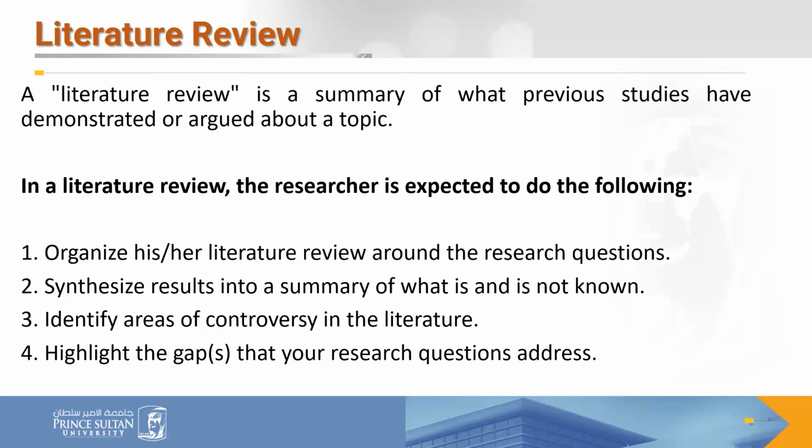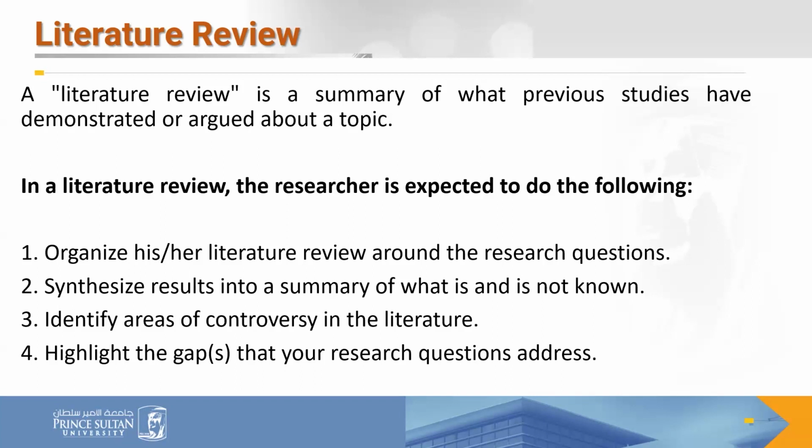All right, so we've chosen the topic, we've developed our research question. It's very important to go back to the literature for two reasons. The first reason is to look at the previous studies and to make sure that you have properly organized your literature. I mean, what have other people said about this topic before? That you synthesize the results into a summary of what is and is not known.